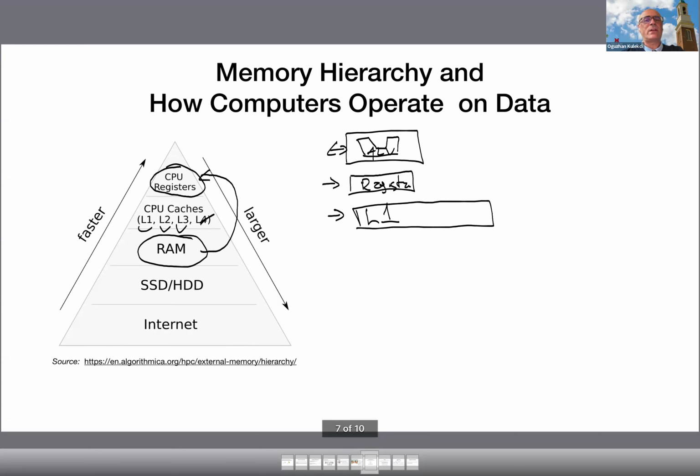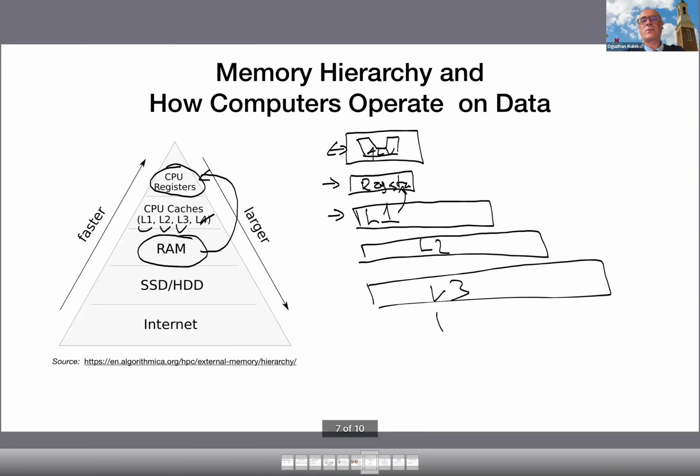If it is in L1 cache, it is copied to the registers and it is done. If not, then we go to the big main memory. Let's assume it was not ready in registers, L1, L2, or L3.